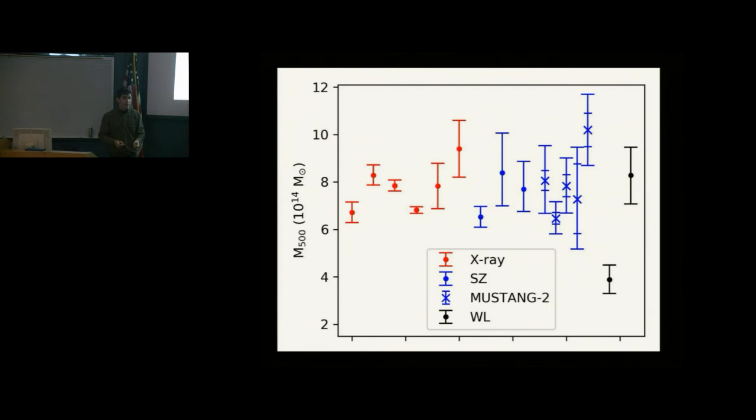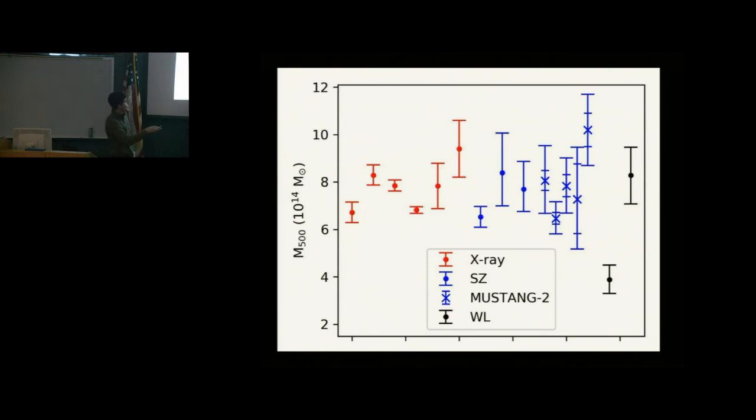So if you have non-thermal pressure in your galaxy cluster, you'll have unaccounted for pressure support, and you'll have unaccounted for mass. So you should be biased low in your mass measurements from the ICM.